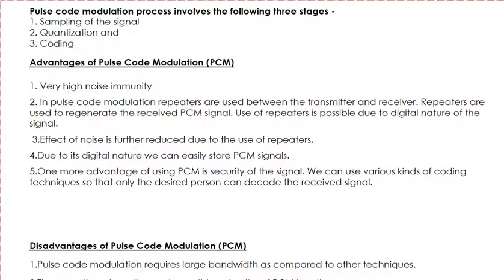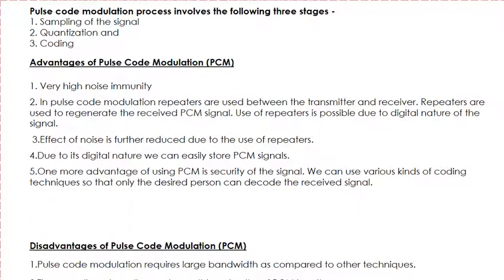So we are aware of this that your digital signal, especially your digital communication techniques, have very high noise immunity. Okay, also, this is the very main reason why we have to transition from your analog communication techniques to your digital communication techniques.